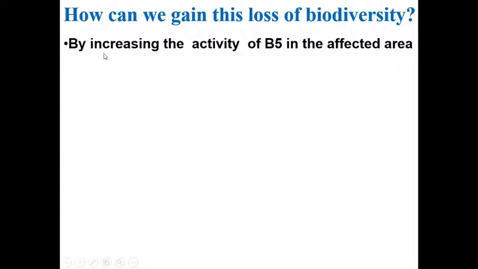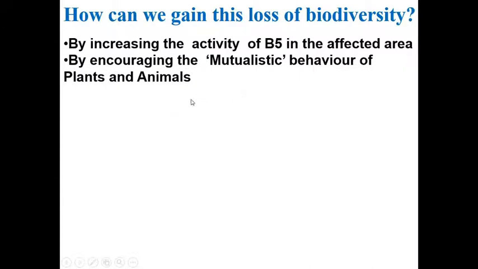The first one, by increasing the activity of B5 in the affected area. As you know, so many regions and habitats are affected, maybe due to anthropogenic activities or maybe by nature. However, most of the habitat lands are affected. So, how can we increase the activity of B5 in the affected area?